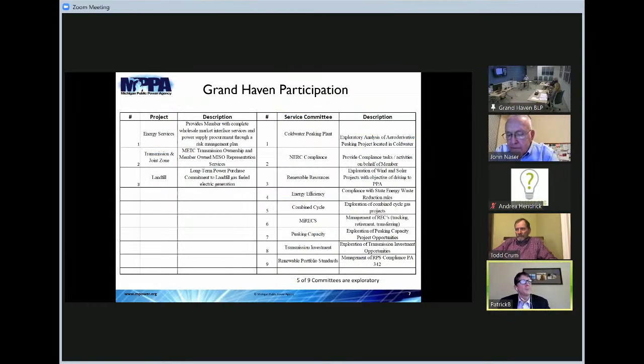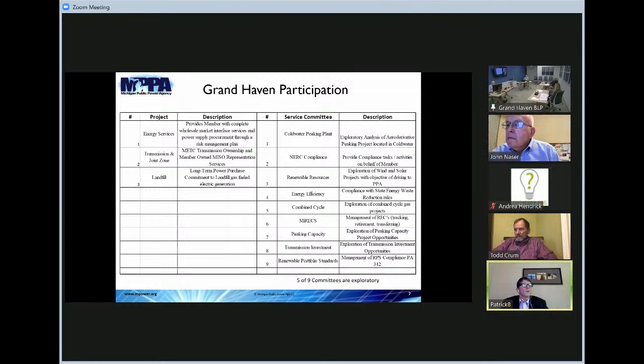So this is a graphic of the projects and service committees that Grand Haven participates in. So you can see on the left there, there's 3 projects, the Energy Services Project being the most foundational and important to Grand Haven, because that provides not only power supply procurement activities, but all of the market interfacing that goes on to participate in wholesale markets, which is a complex day-to-day activity of buying and selling power and settling, scheduling, forecasting energy in wholesale markets.